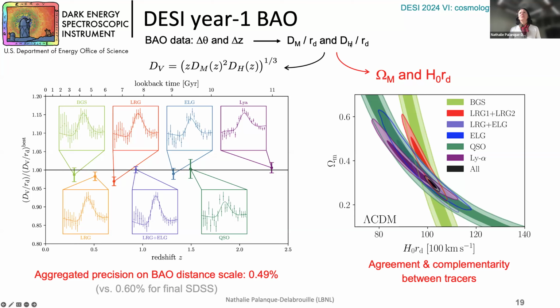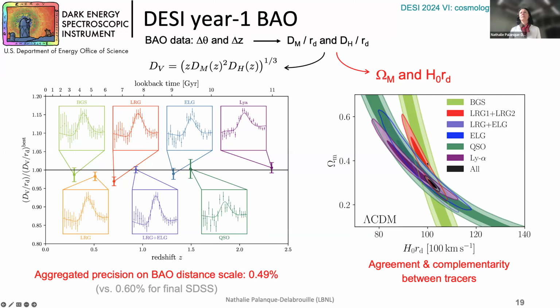On the other hand, these two pieces of information separately also allow us to directly constrain two parameters: the density of matter today, and H0 rD, the product of the Hubble expansion rate today by the size of the characteristic length. What we can see here is that all our tracers are in excellent agreement with one another.